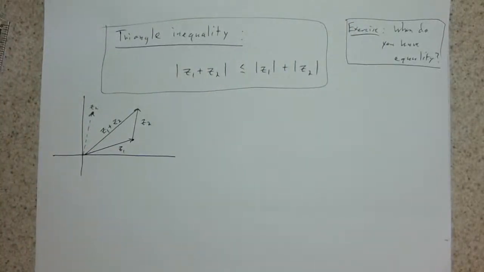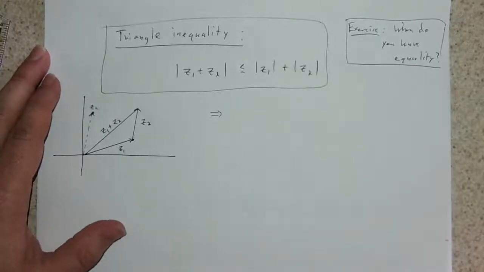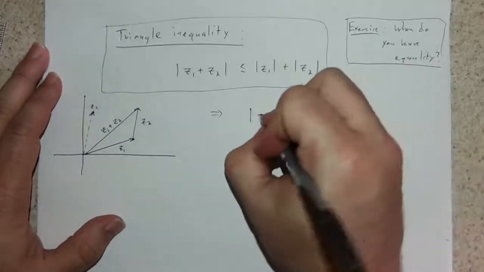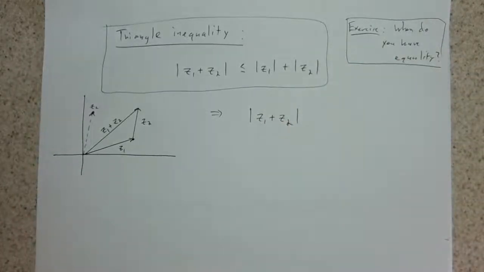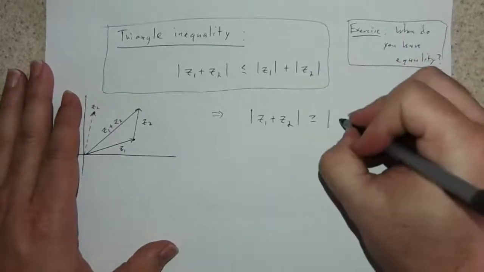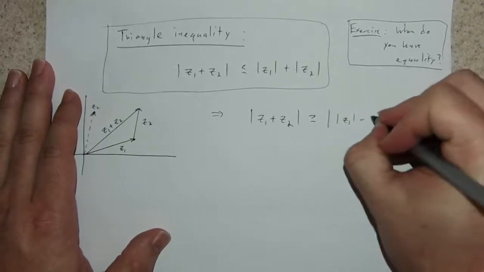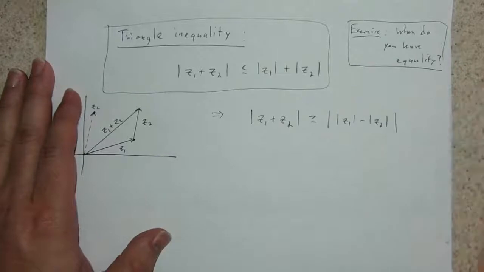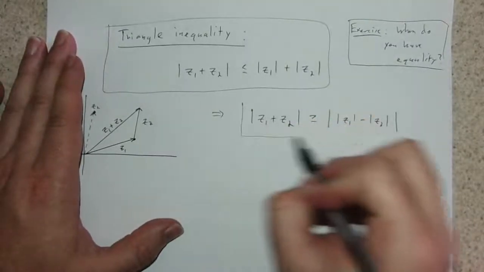Okay. Now, using the triangle inequality, this immediately implies a related fact: the length of z1 plus z2 is greater than or equal to the absolute value of the modulus of z1 minus the modulus of z2. So the triangle inequality gets you here.